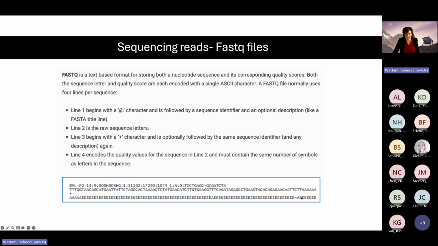And then this nonsense, the fourth line, is actually giving you different ASCII characters that stand for different levels of quality, and each one of these corresponds to a base. This will be equal length, and the E's mean, oh, this is really good, and the A's mean, oh, I'm not sure. The quality score for this particular read is a little bit less.